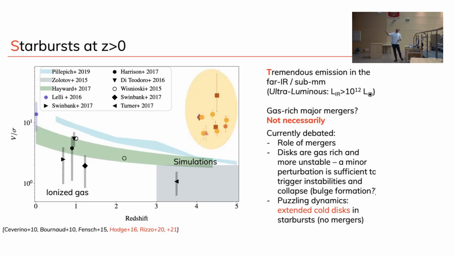And this is measurements instead from ionized gas, at redshift 1 to 2, I think. And then you do have some higher measurements down here. The point is that recent observations of strongly star-forming galaxies, these are some of the most intensely star-forming galaxies that we know at high redshift, and they're very well spectroscopically confirmed.